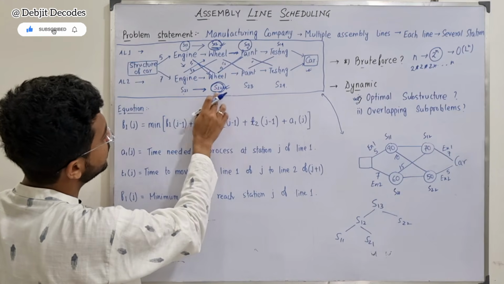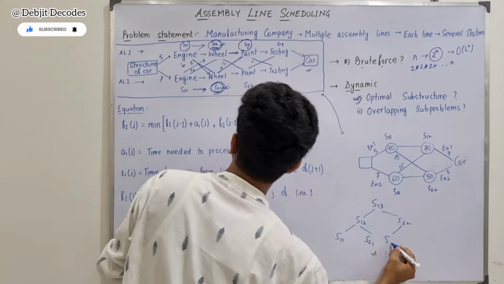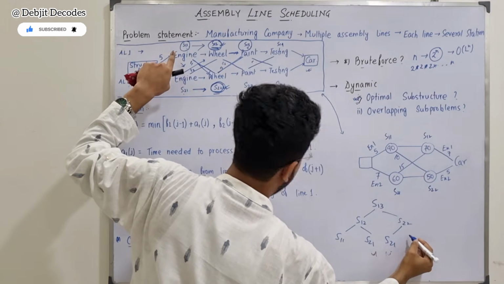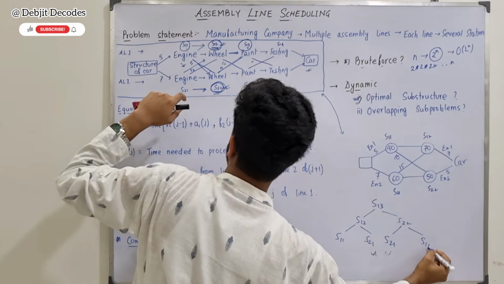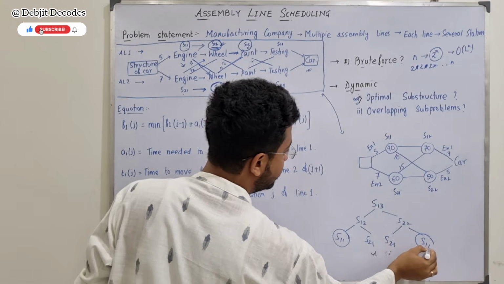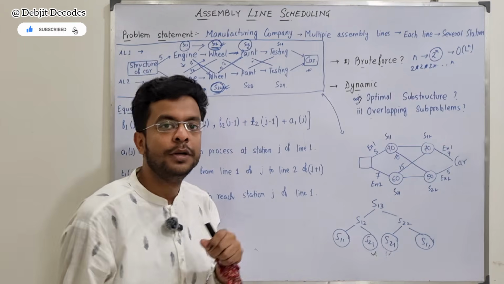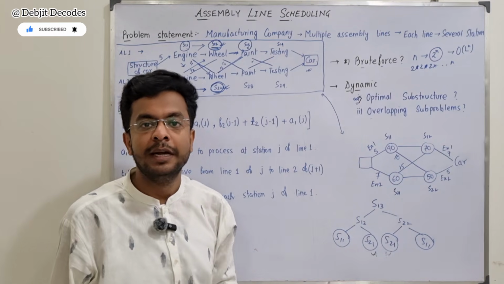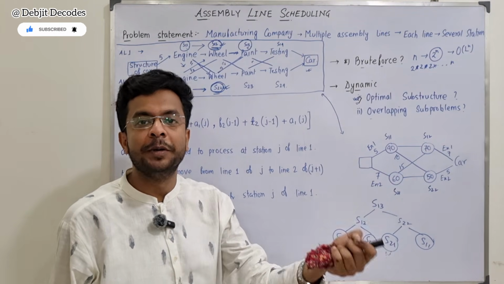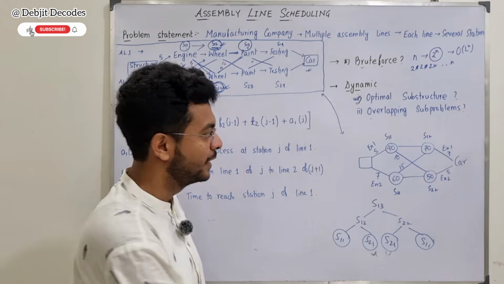So S22 is coming from S21 or S11. Now if you can see, there are repetitive subproblems, that is, overlapping subproblems. So we have both the properties available, as well as it being an optimization problem. So we can surely apply the dynamic programming concept, right?